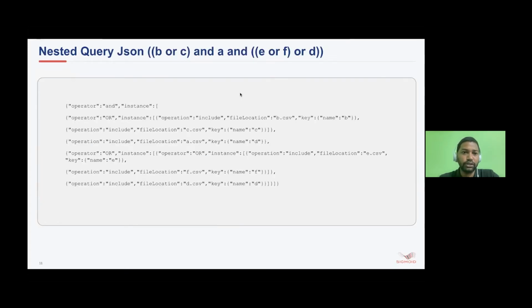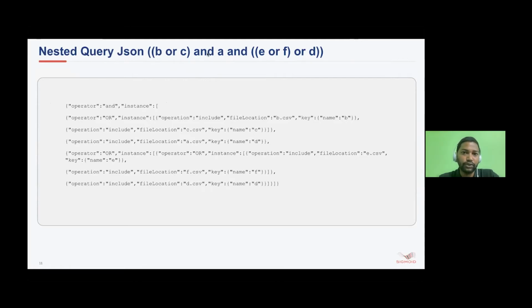So this is the JSON object that is in our case. Suppose we have B or C and A and E or F or D. Each alphabet out here, like B, C, E, F, and D, they are filters for some DF. So let's denote them as that.